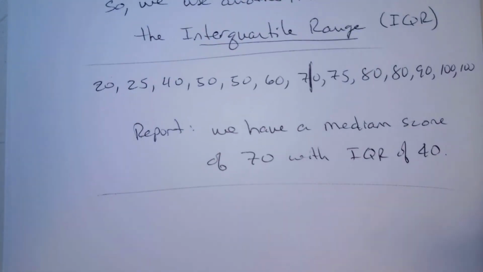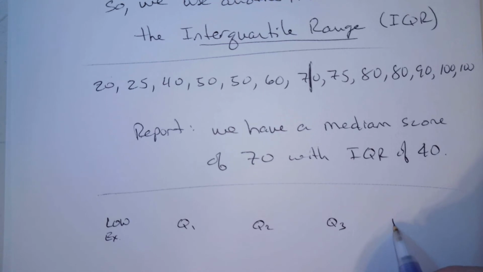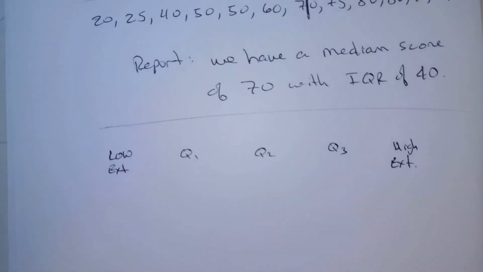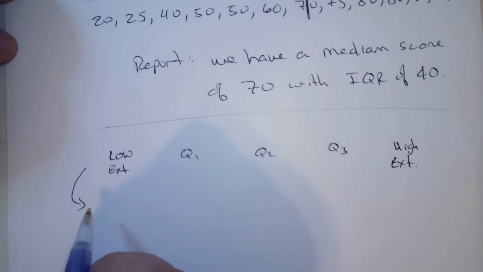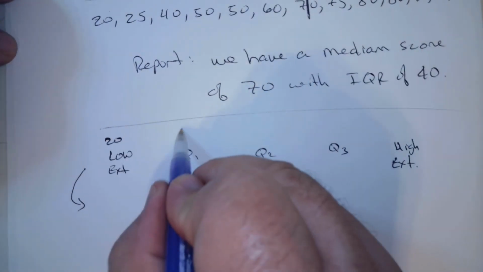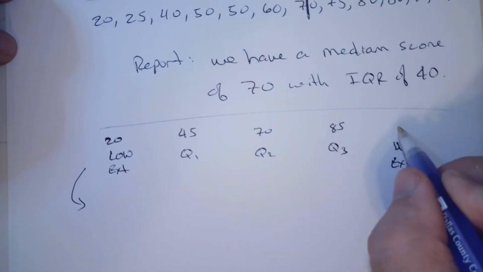Now, what do we do with these quartiles? Remember, we had the lower extreme, quartile 1, quartile 2, quartile 3, and the higher extreme. We use that information. This is 20. This was 45. This was 70. This was 85.